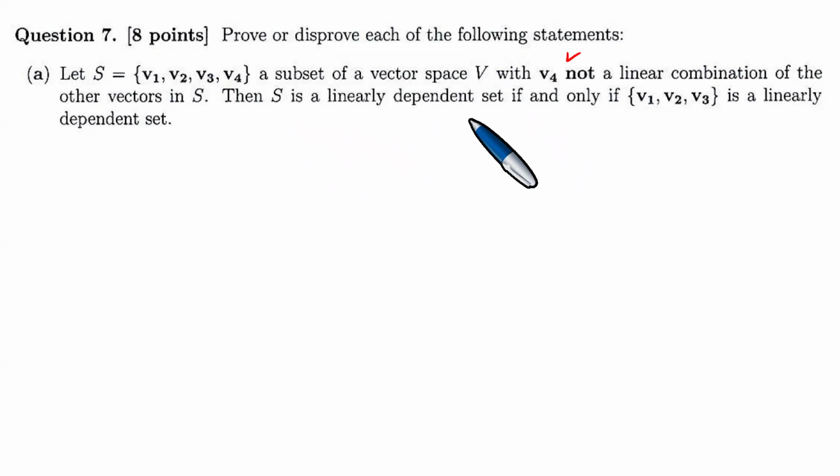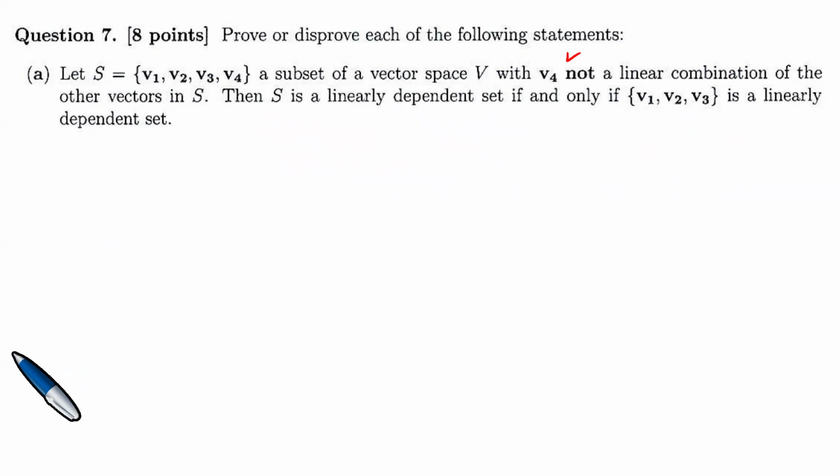Let's look at these and analyze these together. The conclusion, which we need to justify ourselves, is that S is a linearly dependent set if and only if V1, V2, V3 is a linearly dependent set.